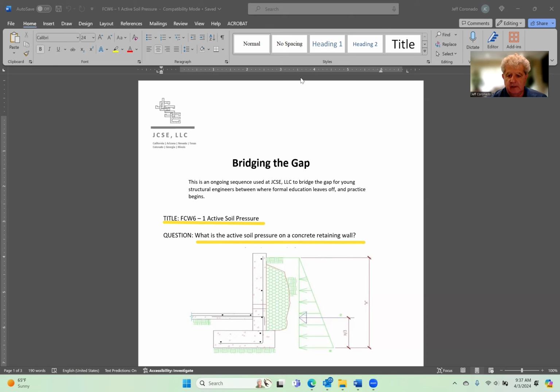Let me clear the screen here. And let's just focus on this part of the diagram. What we have illustrated is a little concrete stem retaining wall. This is the stem, here's the stem of the retaining wall. Here's your footing.